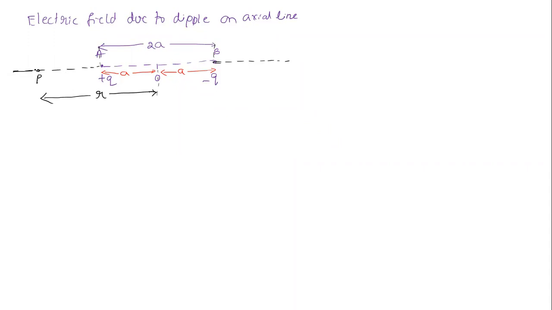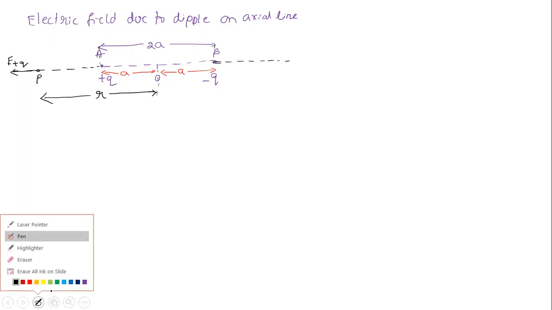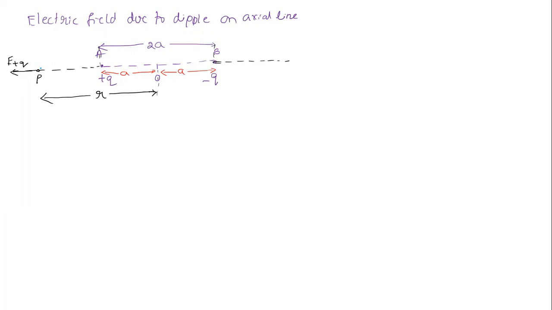It will be in this direction, due to the +q charge. Sir, what about the second one? The electric field due to the negative charge will be in this direction, due to the -q charge. Now, what is the angle between these two? 180 degrees, they are in opposite directions.